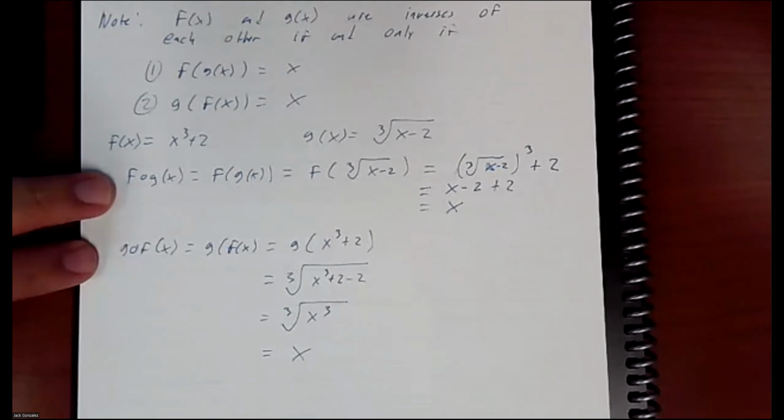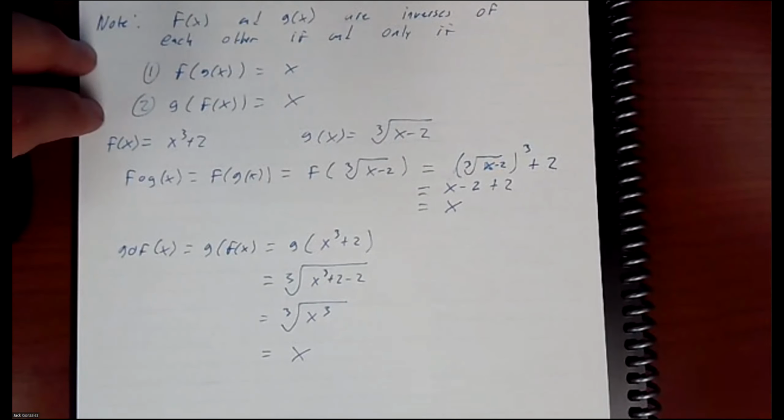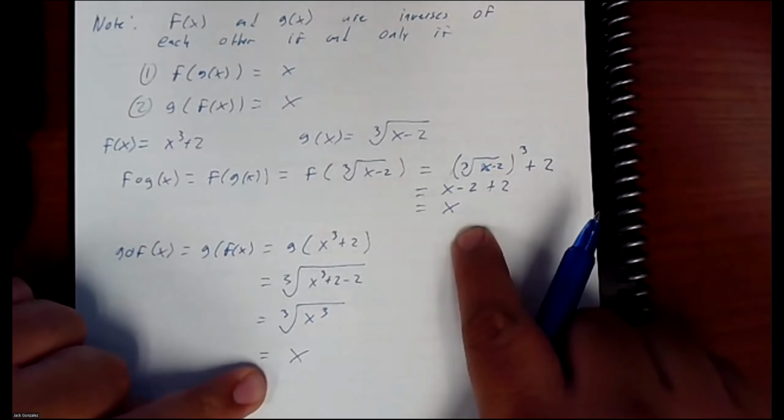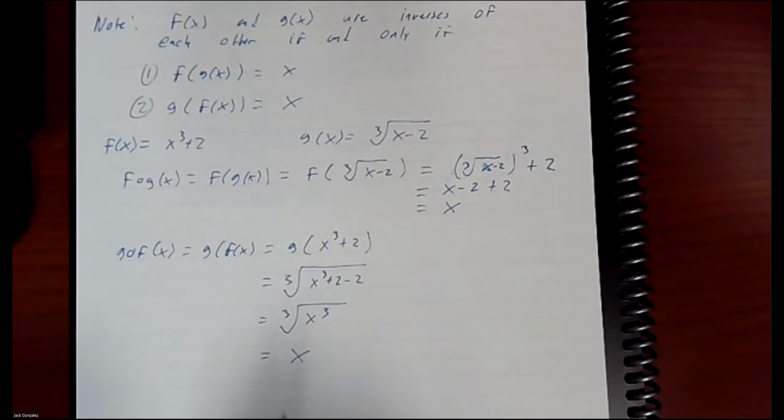So both directions, 1 and 2, give me an x. So we have verified that f and g are inverses of each other.